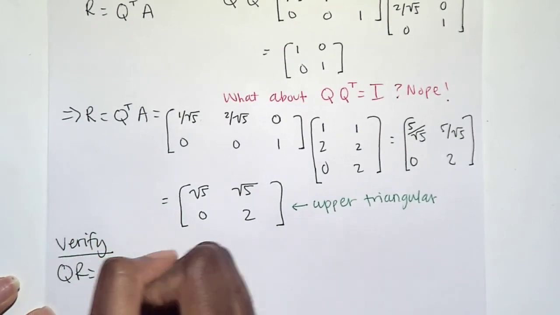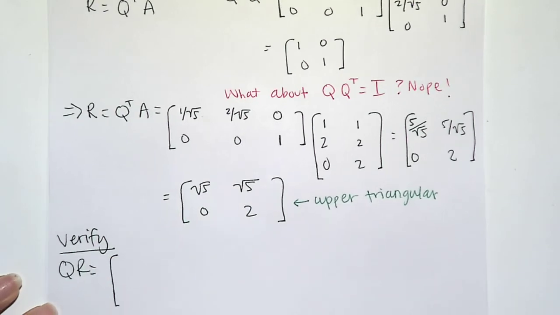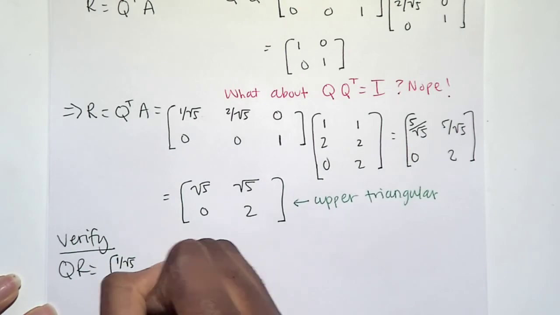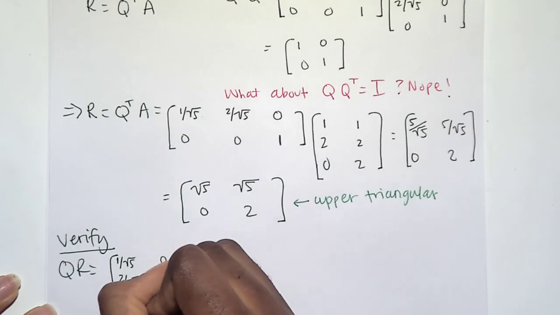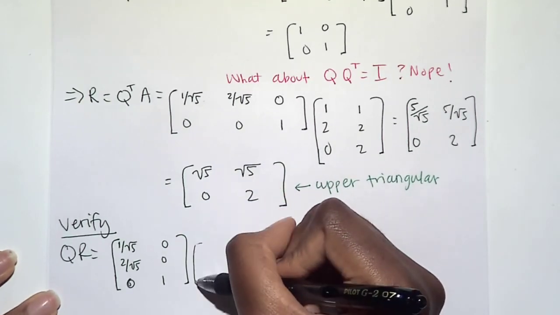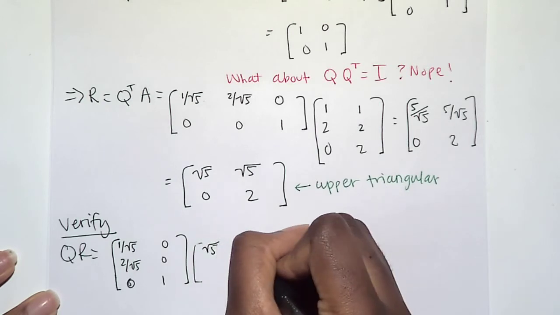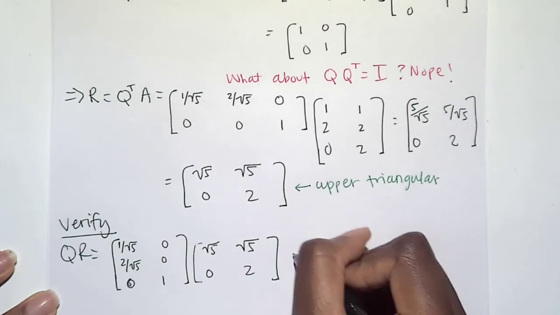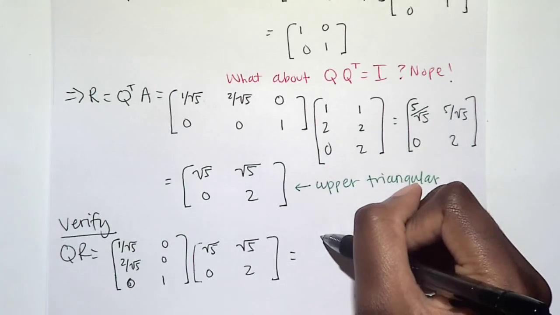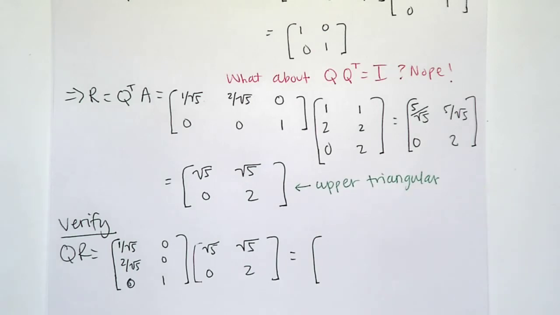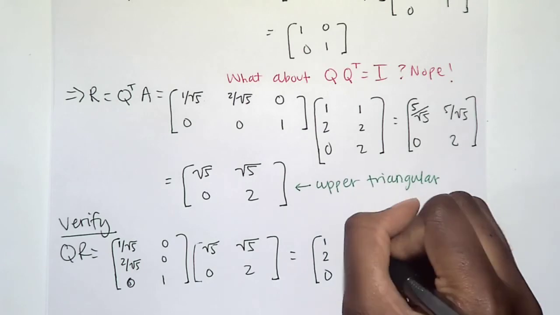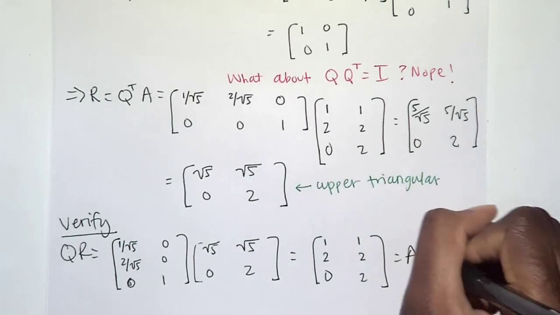Q times R. Here was our Q. Multiply it times our R. We should get a 3 by 2 matrix. So we got (1, 2, 0; 1, 2, 2). That's our A. We did it.